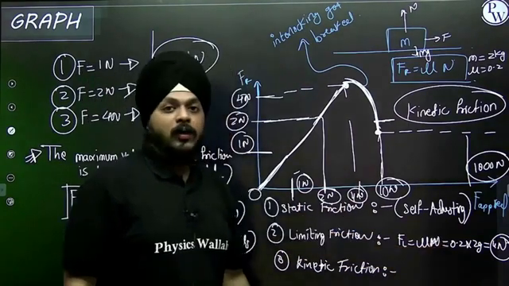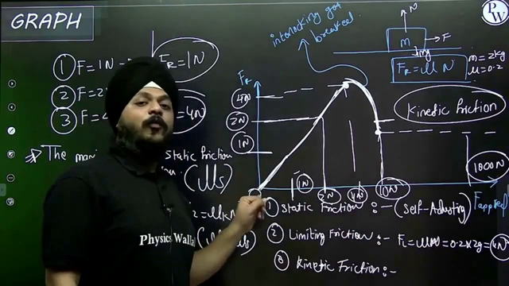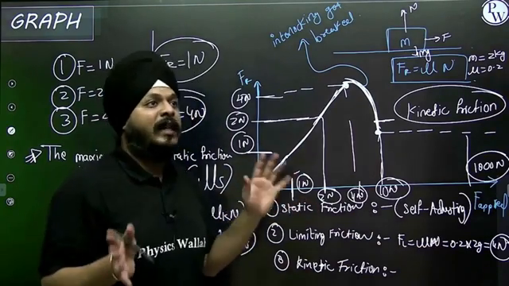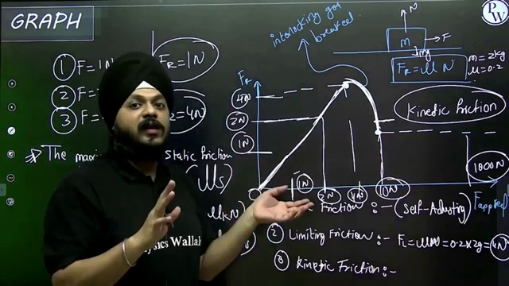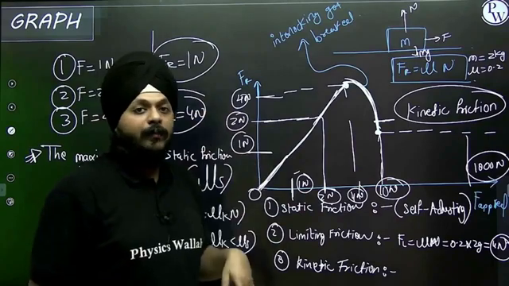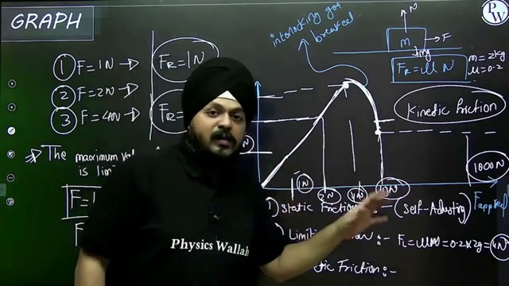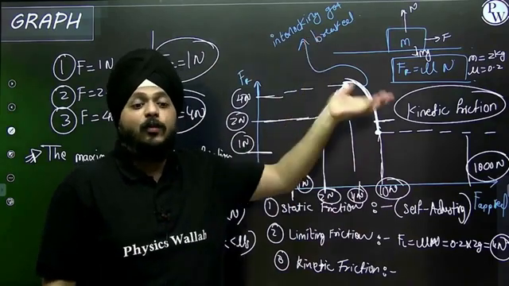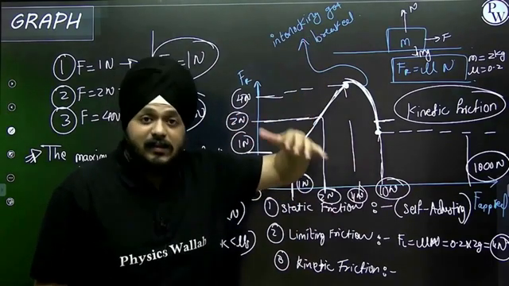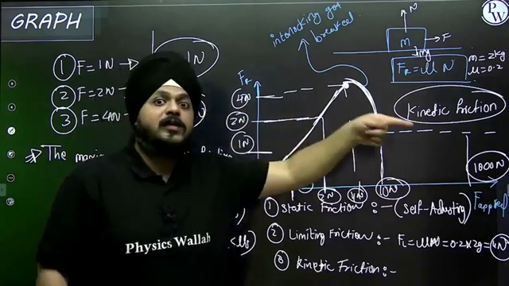Suppose limiting is 4. When external force applied is 0, static friction self-adjusts. When applied force is 1, static friction self-adjusts to 1 and saves the interlocking. When external force applied is 4, static friction has reached its maximum, its limiting value. Now the object is on the verge of moving.